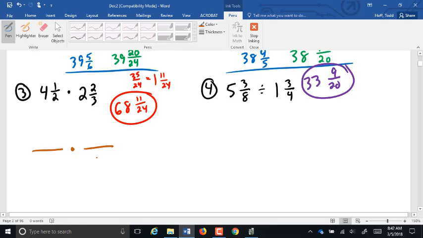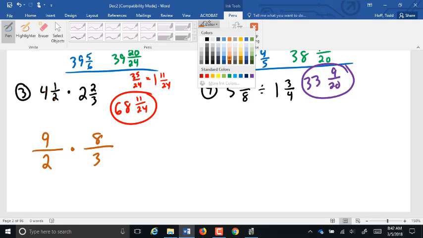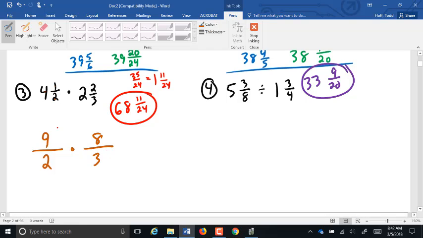So 4 1/2 becomes 4 times 2 is 8 plus 1 is 9 halves. Remember, the denominator doesn't change when we do the conversion between improper and mixed number. 2 2/3 becomes 8/3.